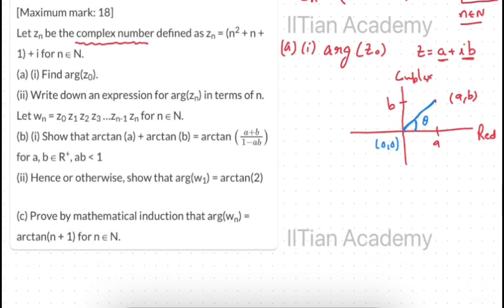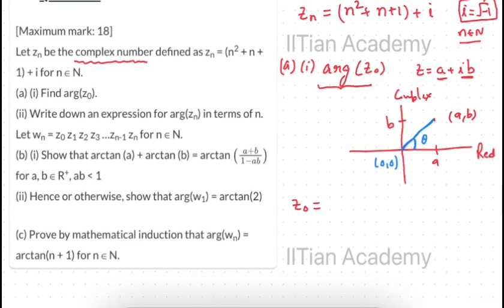So in the given question, we have to identify the argument of the complex number Z0. Let us find what Z0 is. In the question, Z0 means n is equal to 0. So when n is equal to 0, this comes out to be 1 plus i.